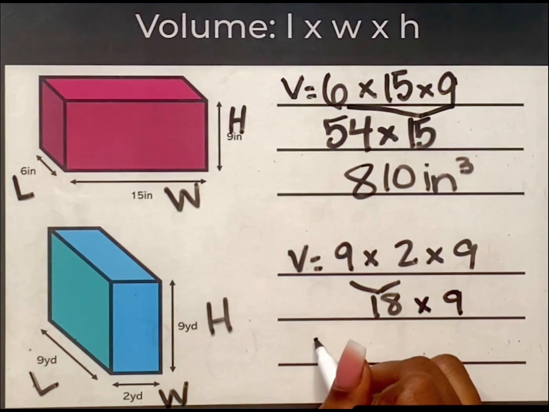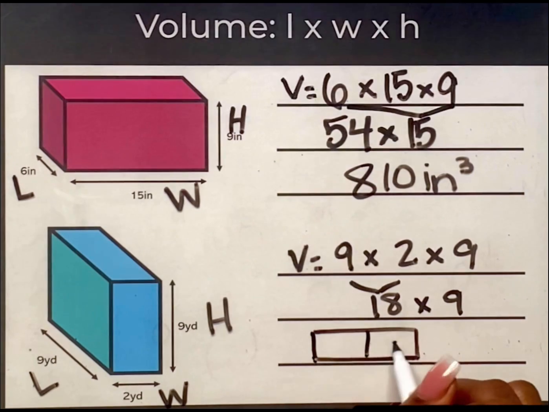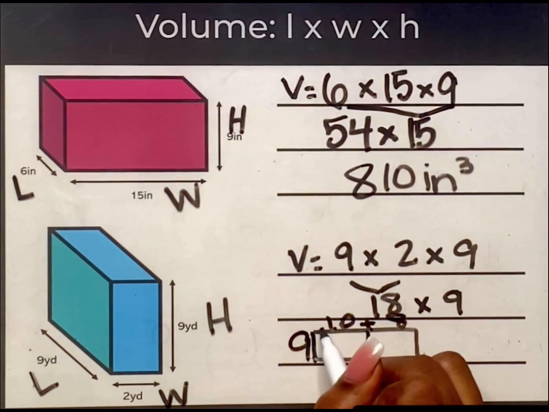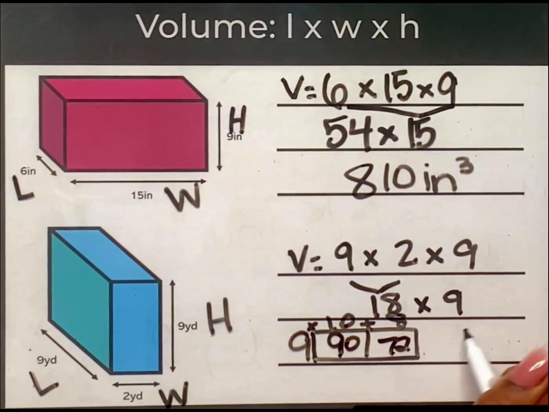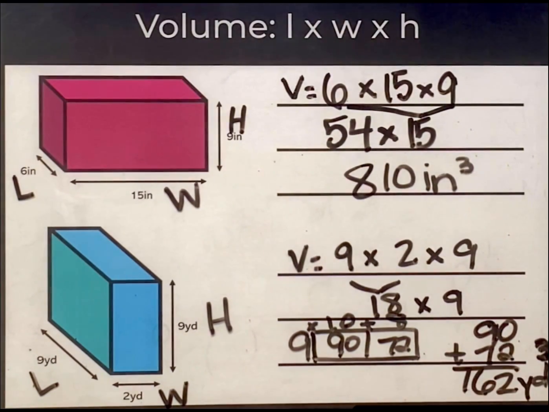Let's solve using rectangular array. 18 has 2 digits. I'm going to have 2 sections. 10 plus 8 and 9 here. 9 times 10 is 90. 9 times 8 is 72. 90 plus 72. All right, 162 yards cubed.